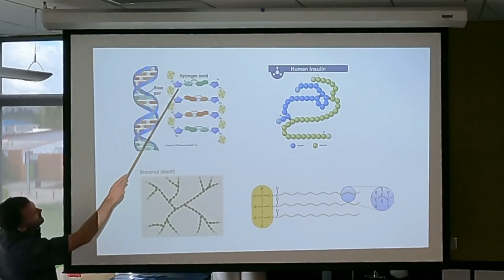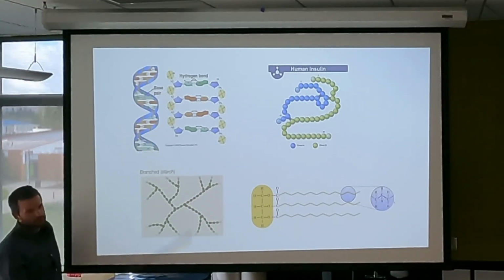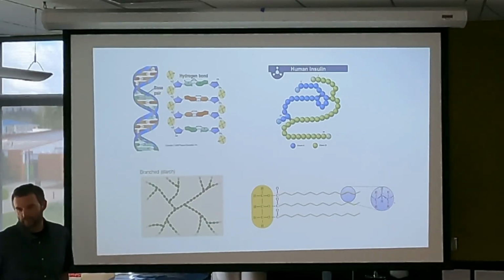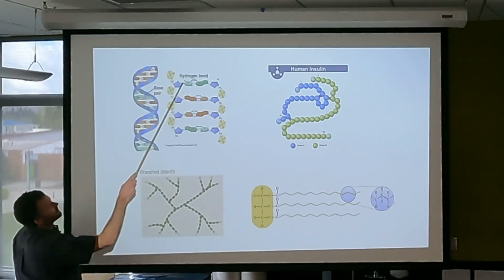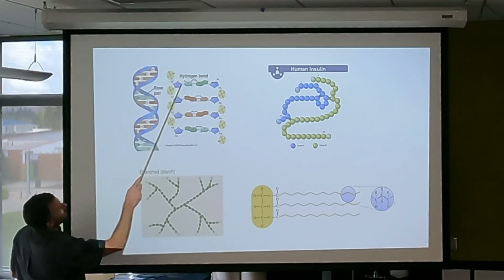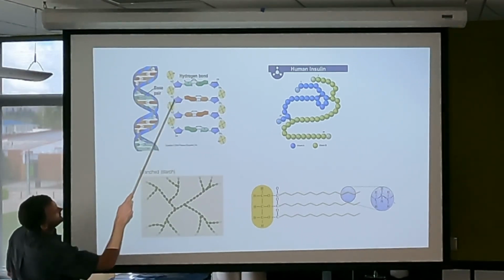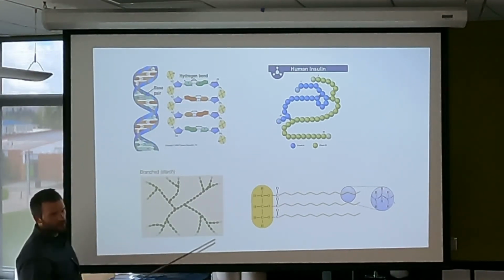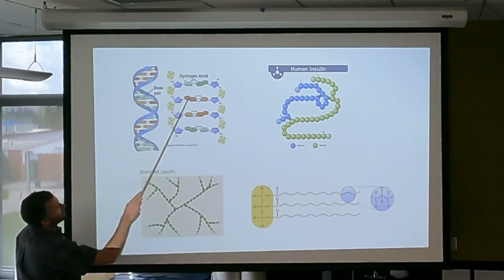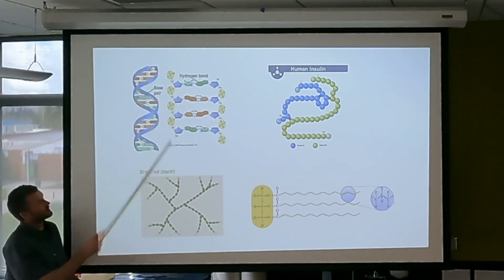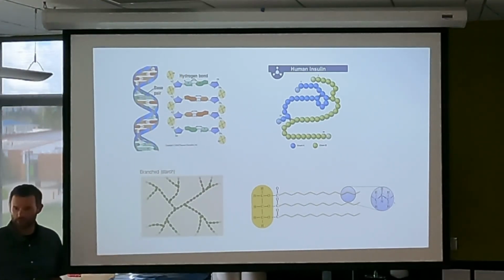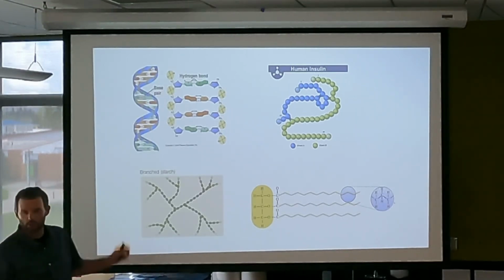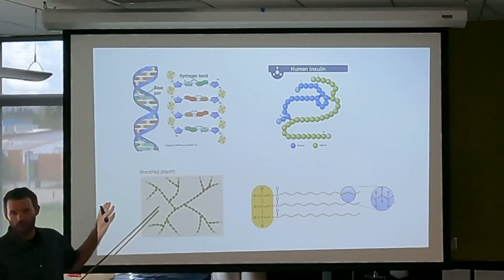And each single strand is a polymer. It's made up of individual units. This is a unit right there. That's a unit right there. That's a unit right there. So each of these is a monomer that's chemically linked to the monomer below it. So DNA and RNA are polymers.